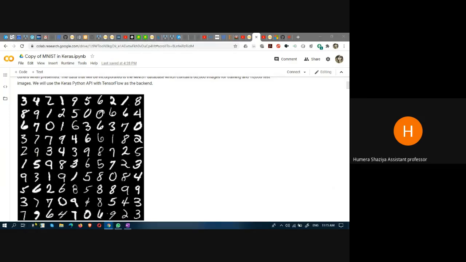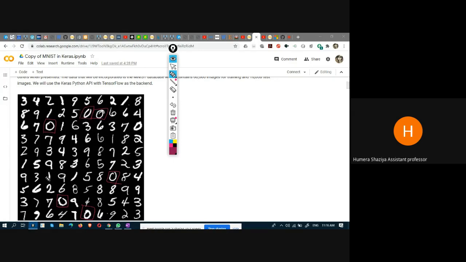In this MNIST data set, we have classes from 0 through 9. This is 0 in one way and this is 0 in another way. And this one is also a bit different. Look at this one and this one.